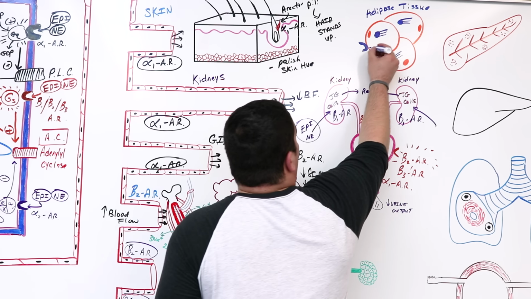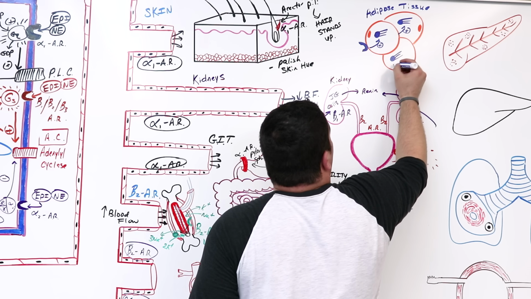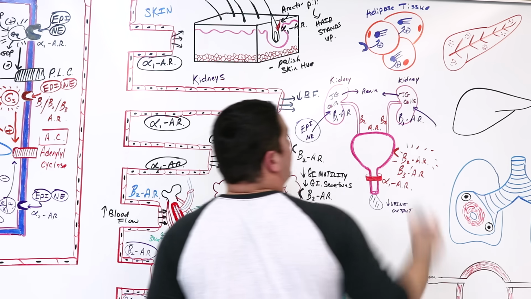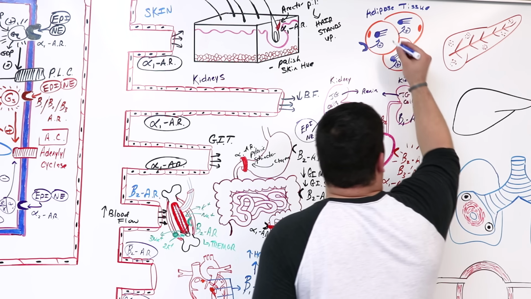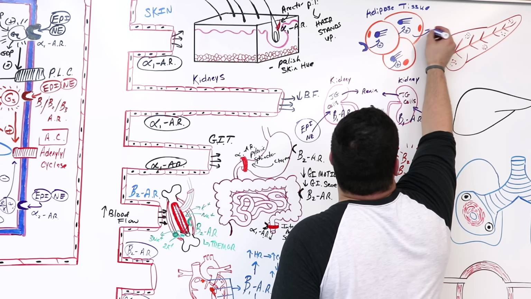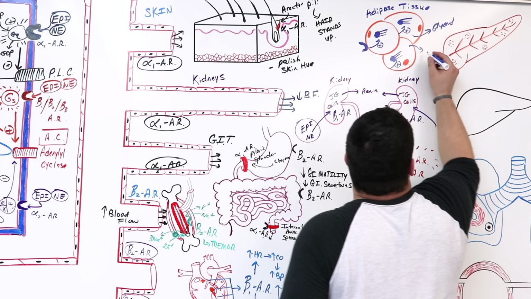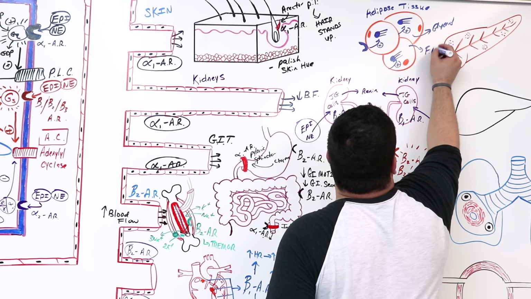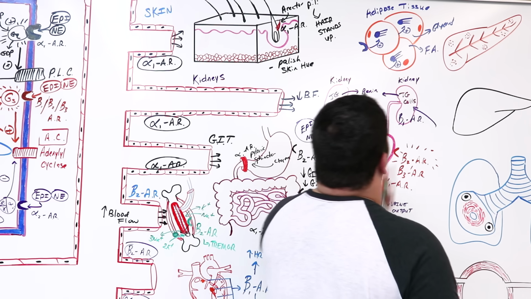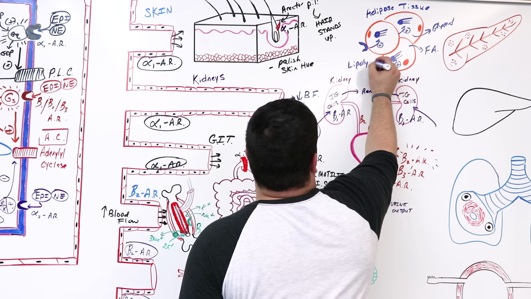We want to be able to stimulate the breakdown of these actual triglycerides. So what is that called? When you want to break down lipids into glycerol and fatty acids, I want to break this down into glycerol and fatty acids, I'm going to put FA for fatty acids. That process is called lipolysis.